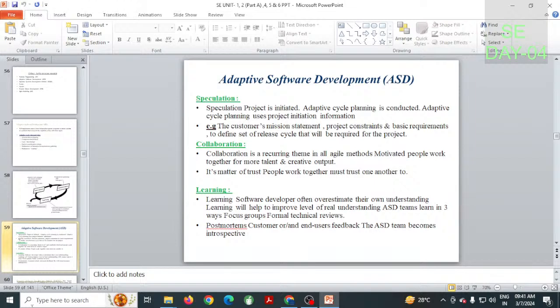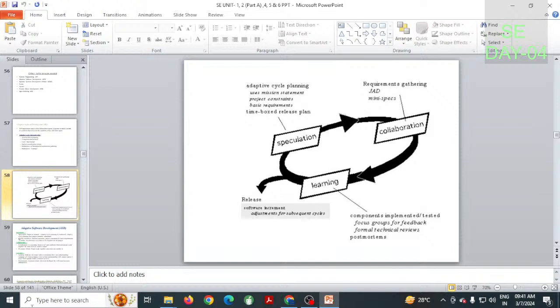And another one is learning. Learning is the third phase of the ASD, adaptive software development life cycle.